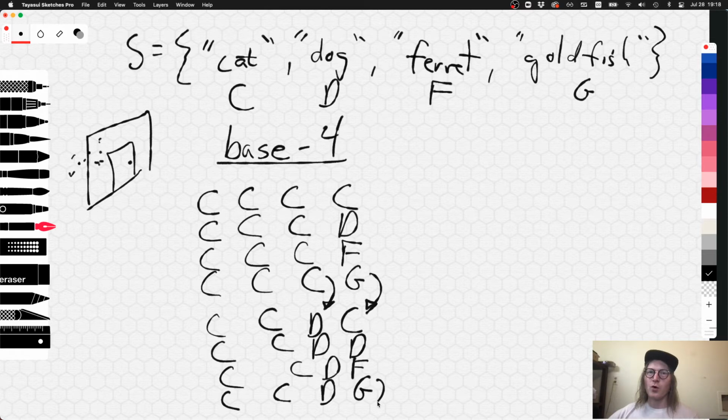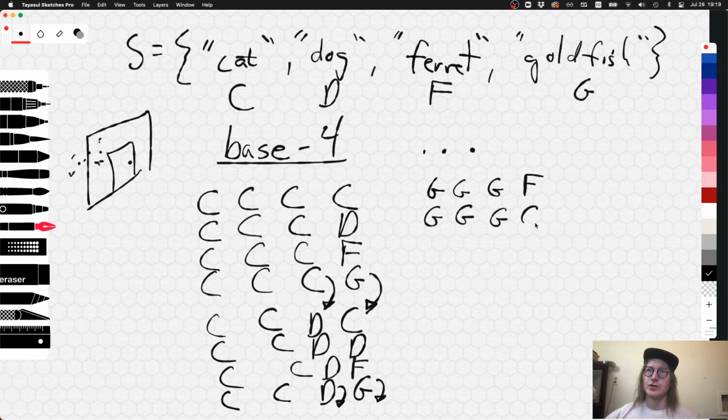At this point, we would roll goldfish back over to cat, we would roll dog over to ferret, and do this again. If we follow this process as far as we can, the last 2 are going to be goldfish, goldfish, goldfish, ferret, and goldfish, goldfish, goldfish, goldfish.